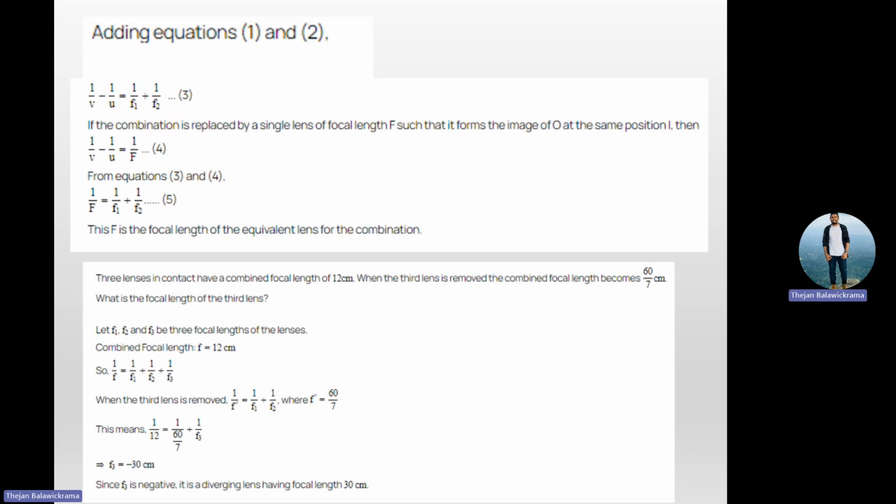So here capital F is 12 centimeters. When the third lens is removed, the combined focal length becomes 60 divided by 7. That means when only F1 and F2 remain, the value is 60 divided by 7. Now what do we need to find? We are asked for the focal length F3 of the other lens. Substitute here and find it. Check the positive and negative.